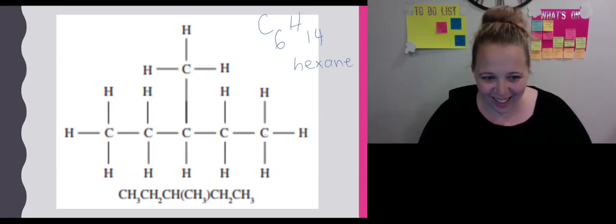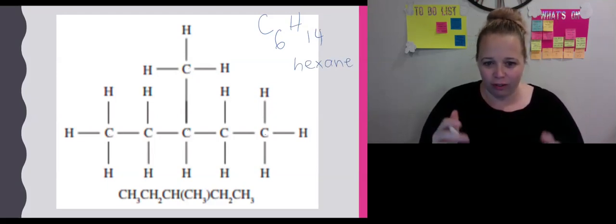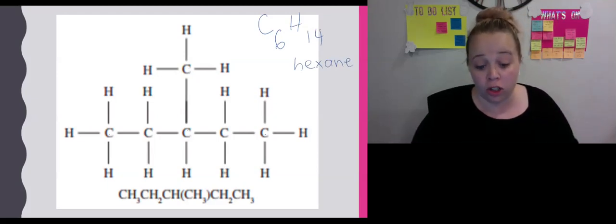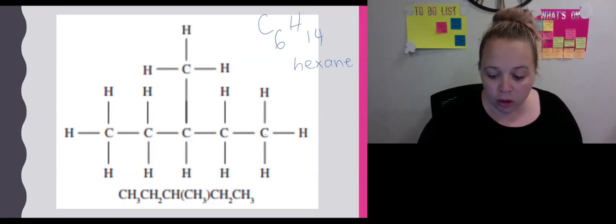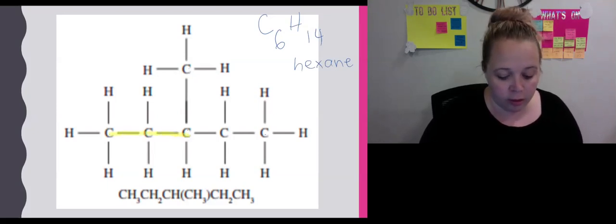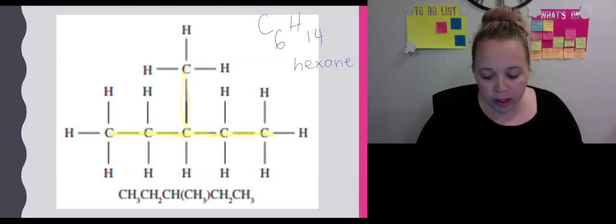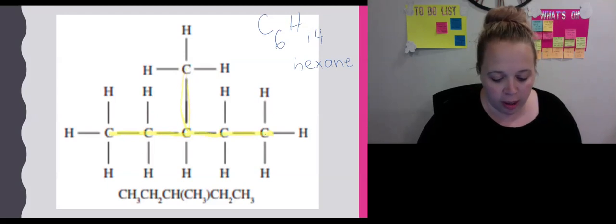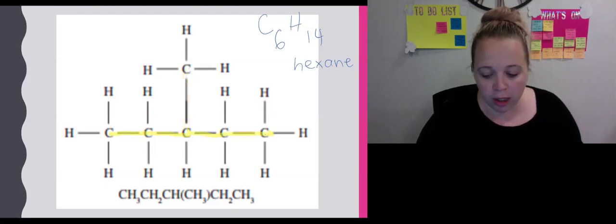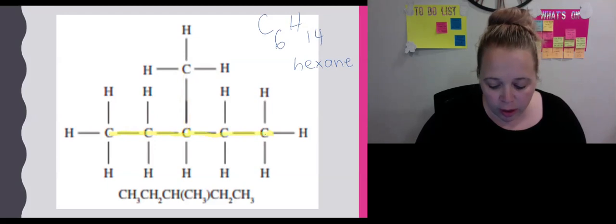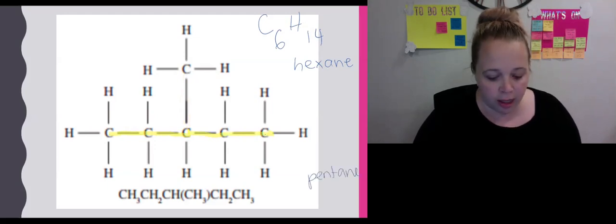But it's not hexane, it's actually got a different formula. So we're going to find its longest chain. Now, its longest chain could be 1, 2, 3, 4, or it could be 1, 2, 3, 4, 5. So obviously the longest chain is the bottom one down here. So that's the one that we're going to give the name to. So it's going to be something pentane because there are 5 carbons in that chain.